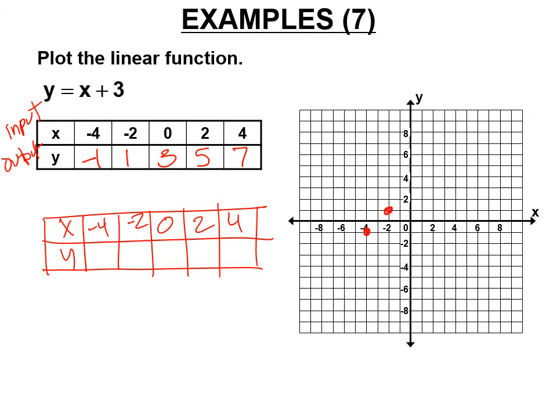Third point is x is 0, y is 3, x is 2, y is 5, right there, and x is 4, y is 7 is right there. My (2, 5) got erased, and that's far enough. Now, you don't make it just the length of those dots. You go all the way through them to past the edge of the grid to show that this linear function goes on forever.